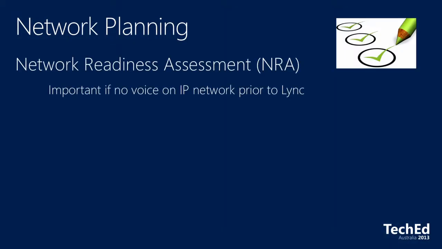So if you're deploying either audio or video onto your IP network, and especially if you haven't done so before, a good practice is to look at something like a network readiness assessment. This is a process of doing some modelling and understanding your users and what modalities they're going to be using, so how many audio calls and video calls they're going to be doing, and defining different user profiles within your organisation.